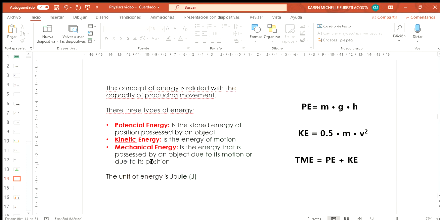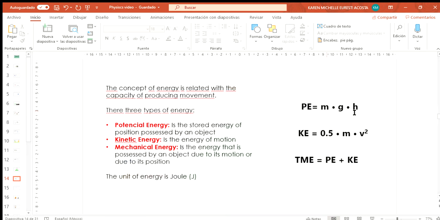As with power, the unit of energy is the joule, and we have different formulas for each type of energy. The first one is the potential energy, that is mass times gravity times height.